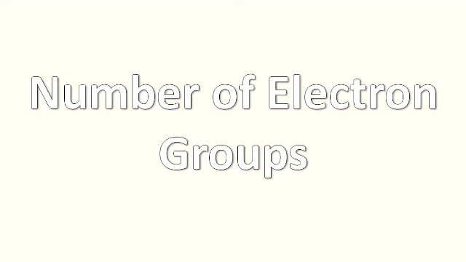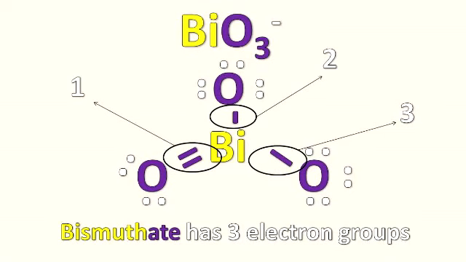As for the number of electron groups of bismuthate, we count the bonds. So we have three total bonds, which is a double bond and 2 single bonds. So bismuthate has 3 electron groups, since there are no extra lone electrons on the central atom.